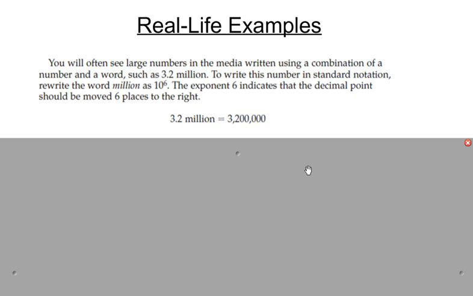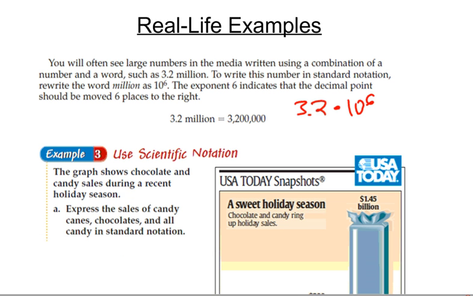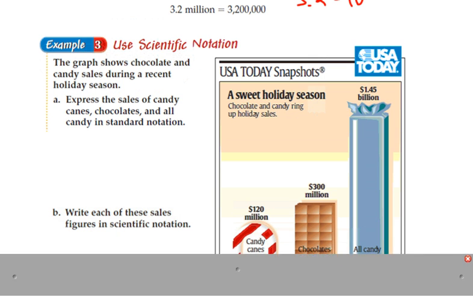They say 3.2 million, and that is kind of like partial scientific notation, because it'll be 3.2 times 10 to something. In this case, it'd be times 10 to the 1, 2, 3, 4, 5, 6 power. And so that's just where that 3.2 million comes from. But here's a real-life example too.